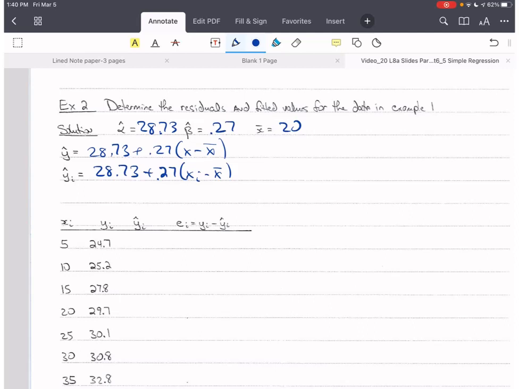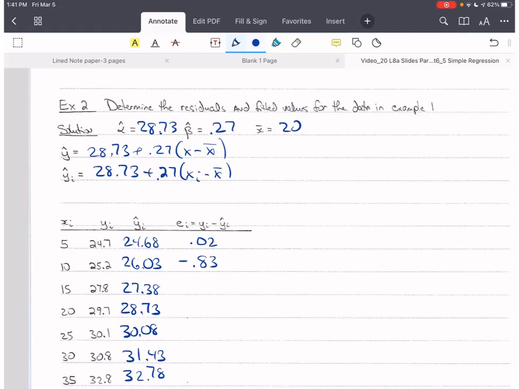We had these written down: 24.68, 26.03, 27.38, 28.73, 30.08, 31.43, 32.78. This is going to be 0.02, negative 0.83, 0.42, 0.97, 0.02, negative 0.63, and 0.02.